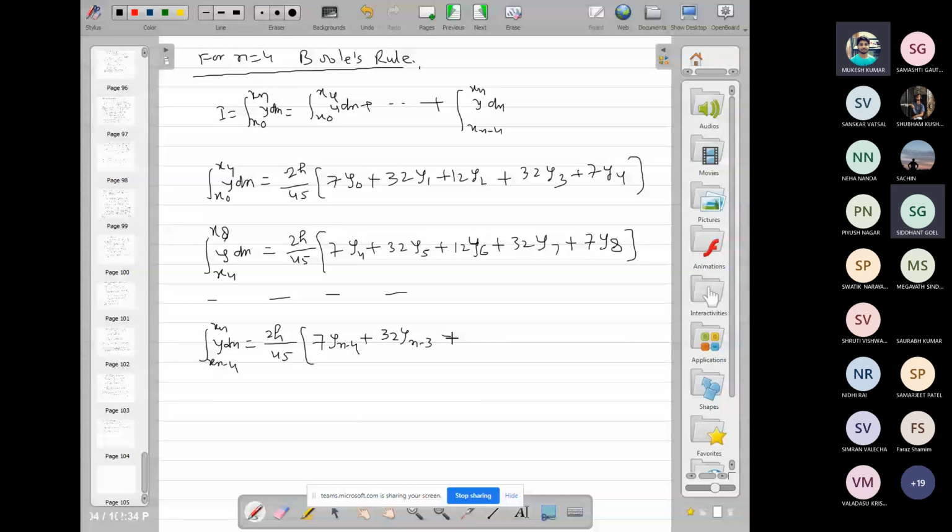The general formula is the integral from x0 to xn of y dx equal to 2h upon 45 times 7(y0 plus yn), only one time each, plus, you see y4 is repeated up to y(n-4), so it becomes 14.